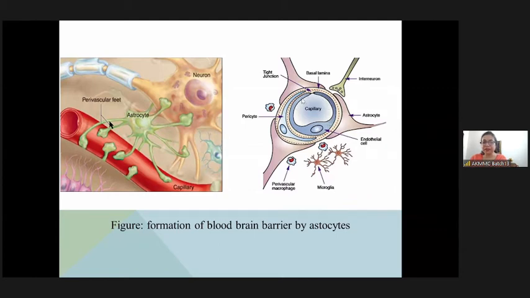This is the wall of the capillary, which is formed by simple squamous cells. Simple squamous cells inside the blood vessel are known as endothelial cells. Endothelium. Can you see endothelium here? This is the nucleus of the endothelium. This is a cell. This is endothelium.